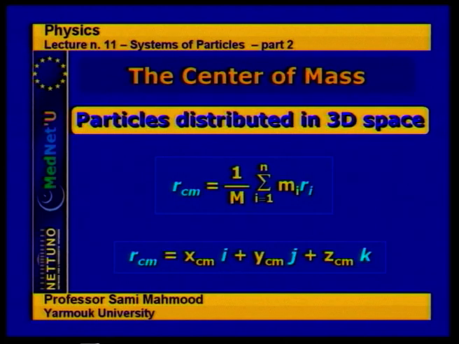F1 external is the force acting on particle number 1 that comes from outside the system, while F1 internal would be the internal forces acting on this particle as it interacts with the remaining particles in the system. So if we divide the forces into F external plus F internal, we will have M a center of mass equal to the summation of the internal forces plus the summation of the external forces.